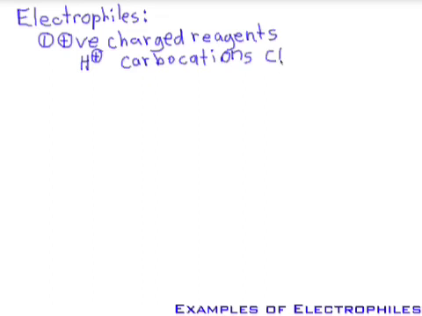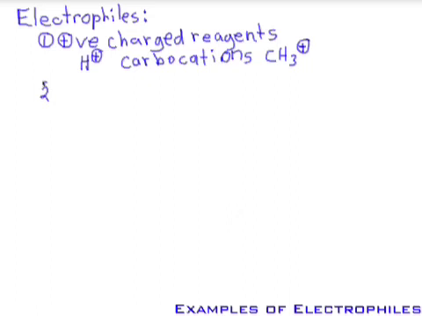If we could make CH3+ carbocation, it would be very reactive. It would be a powerful electrophile. It's high energy. It wants its electrons. This would react very quickly with alkenes. So any carbocation like methyl plus, tert-butyl plus, would be a potential positively charged reagent, a potential electrophile.